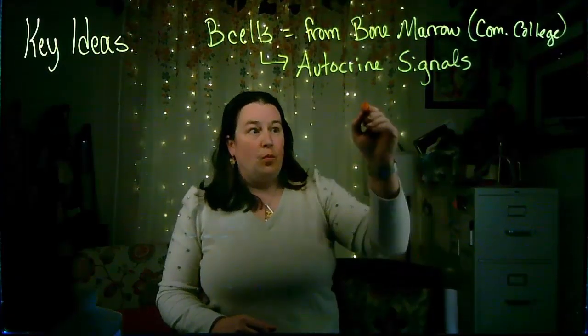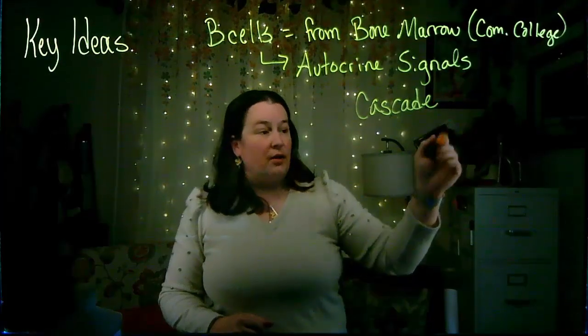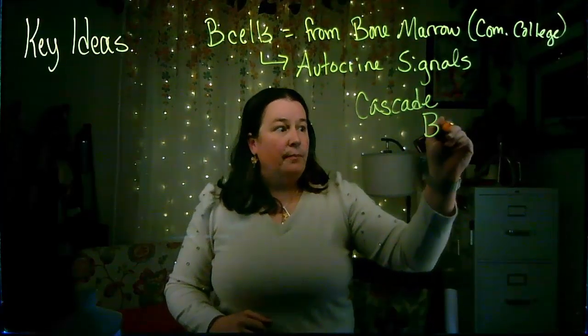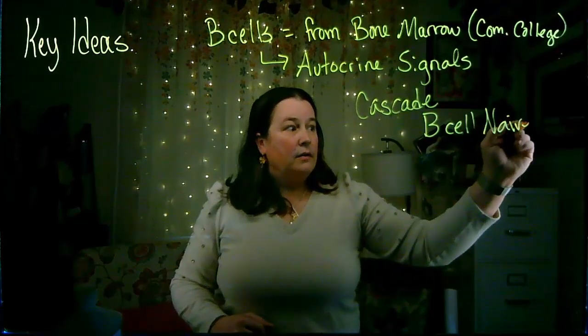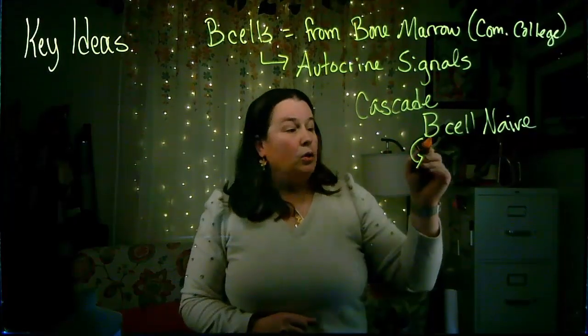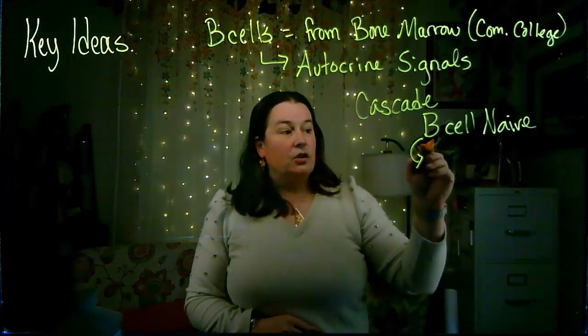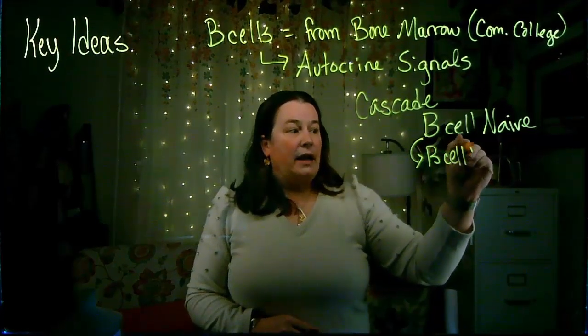What is the cascade that we see? The cascade with the B cells is that we start with a B cell. The B cell is naive. The B cell then learns about a foreign molecule and determines something that's dangerous. So now the B cell is aware of a dangerous thing.